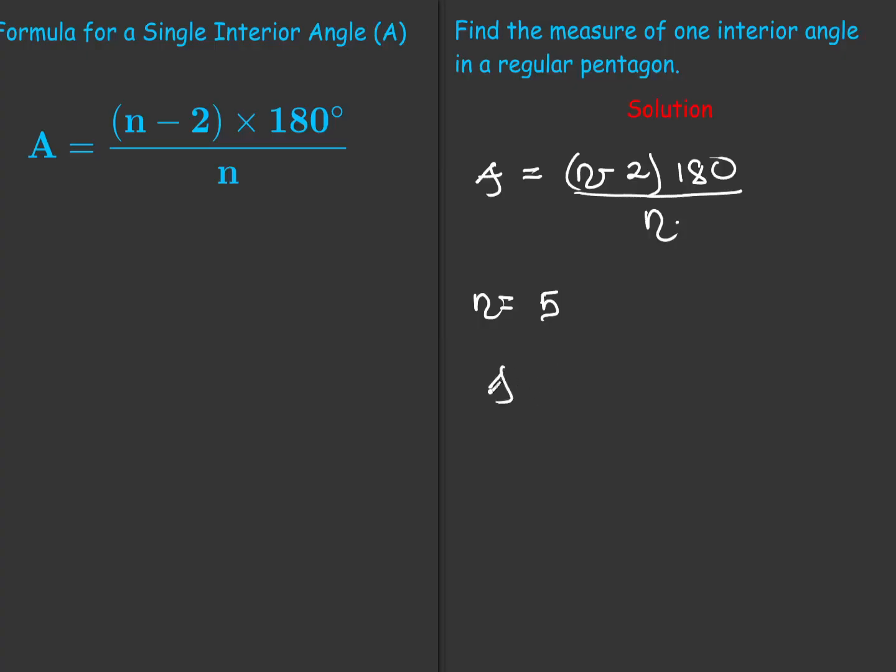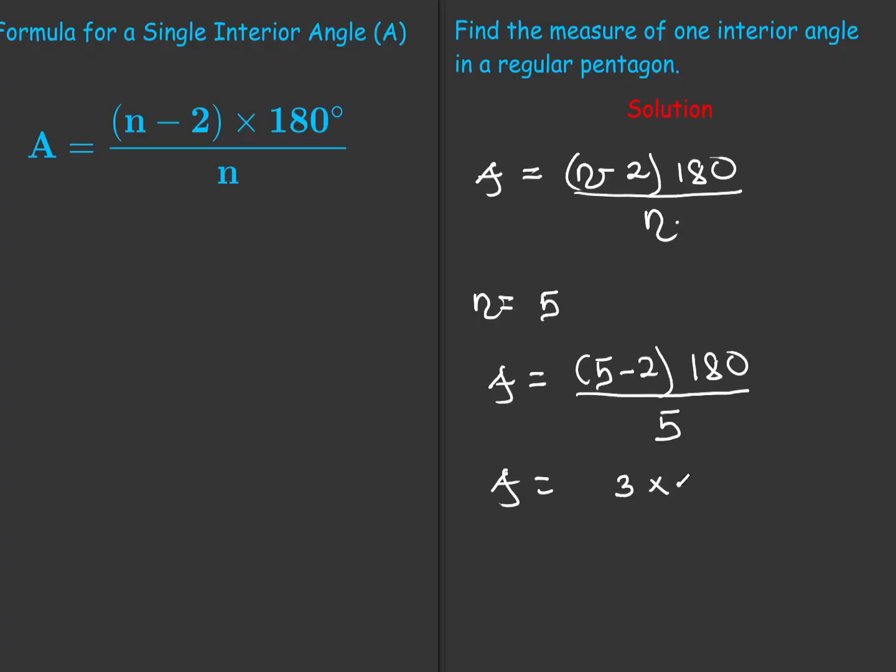So it simply means the interior angle is equal to your n, which is 5 minus 2, then times your 180 all over your 5. Now, if you get to this stage, it all has to do with your knowledge of fractions, simplification, algebra, and all that. So 5 minus 2 gives us 3.